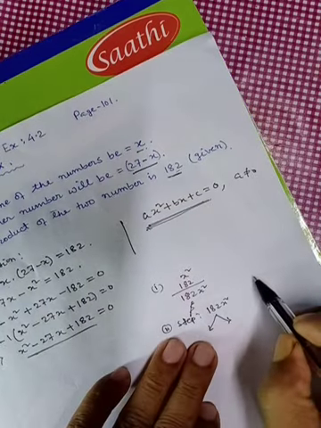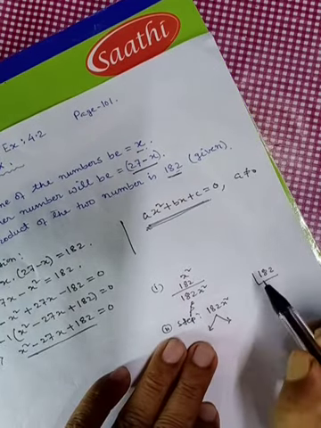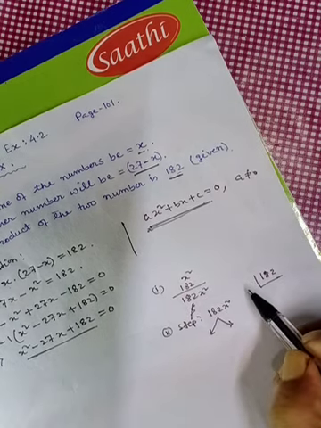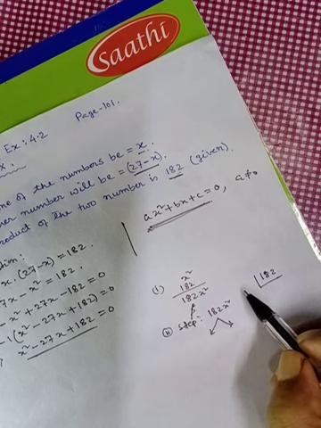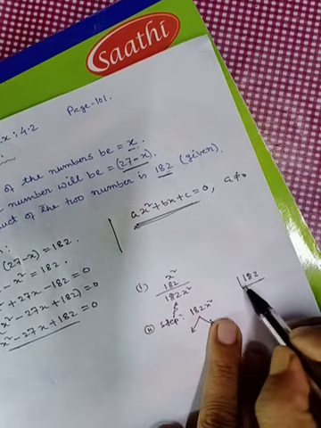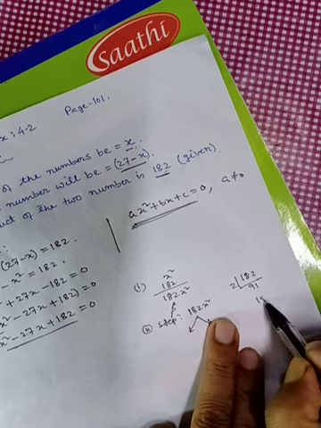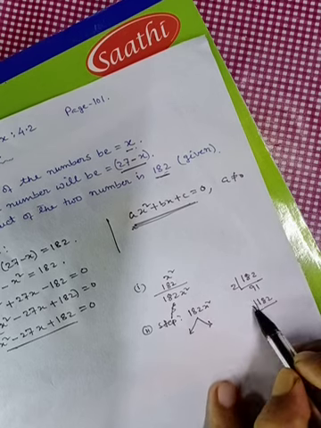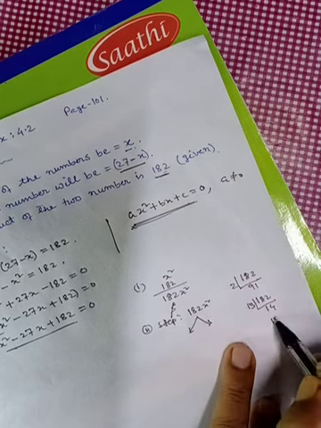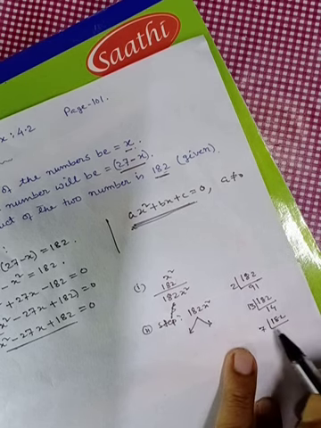So for 182, we can find factors in a way that there are so many factors: 1 into 182, 13 into 14, 7 into 26.